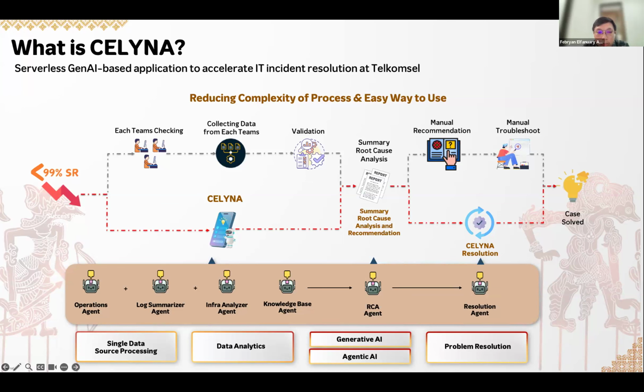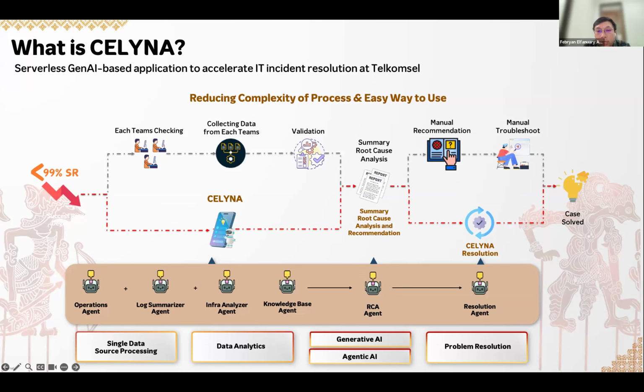But see the below side, where Selena comes into the process. When application success rate is degraded, it triggers Selena to perform a data analytic process from all metric data sources that have been integrated with Selena in a single source database.